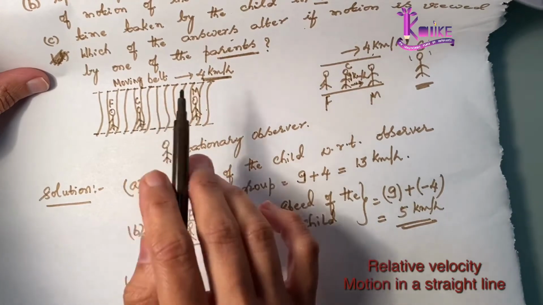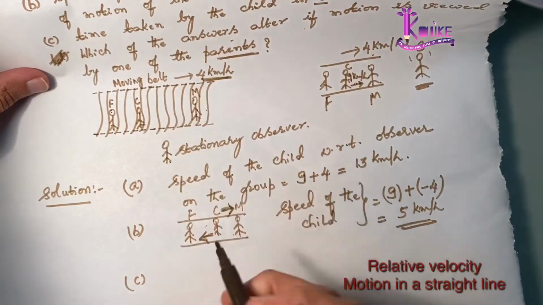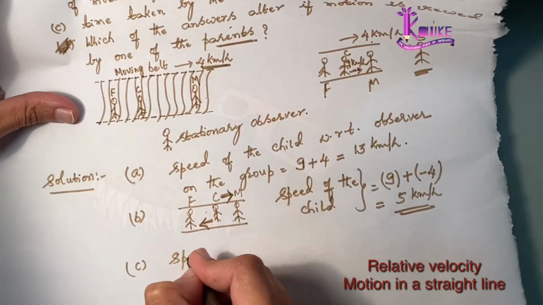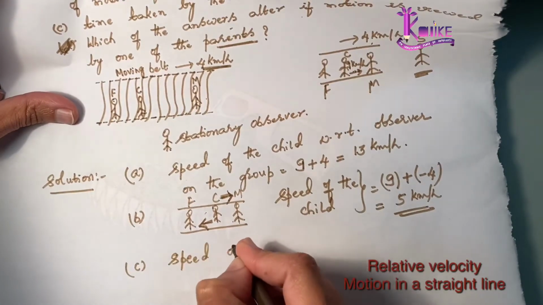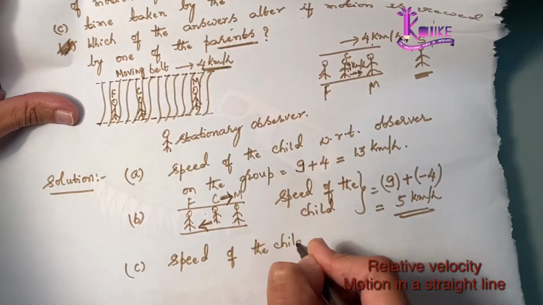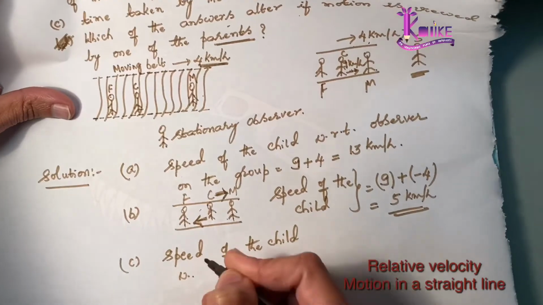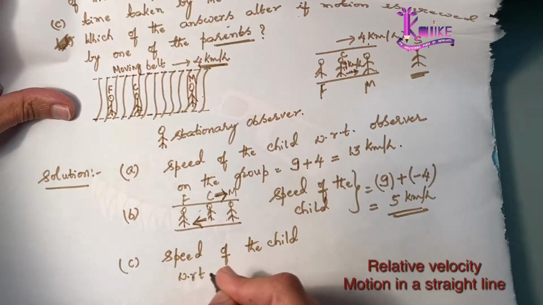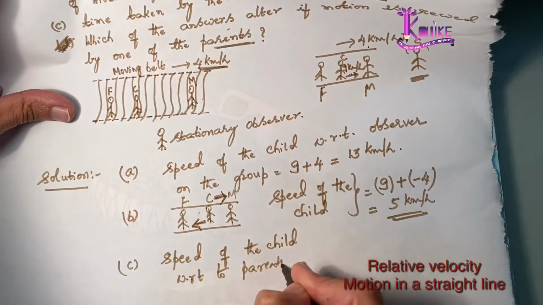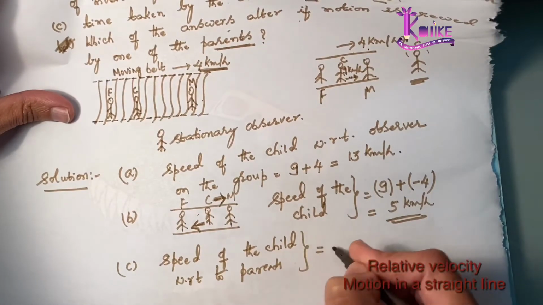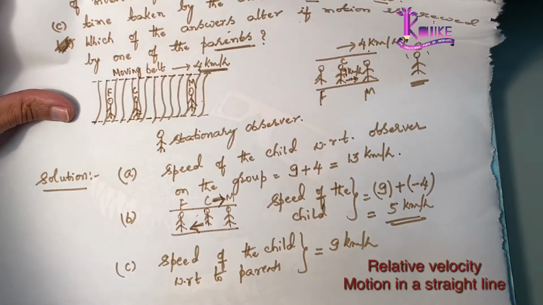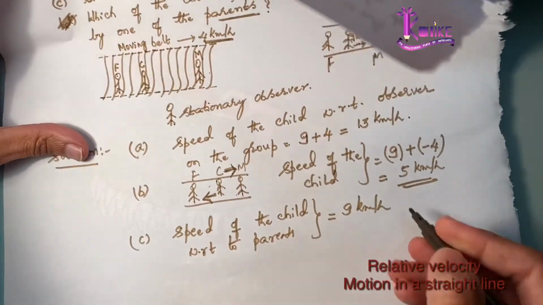Therefore, the speed of the child with respect to the parents, in either case, is only 9 km per hour. So what is the distance now?